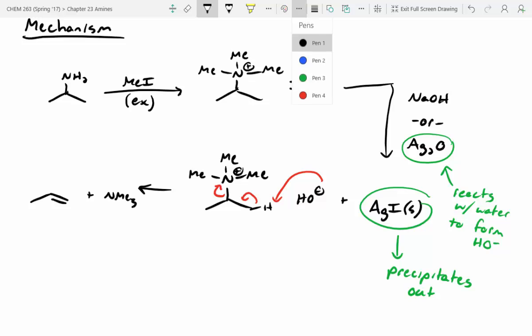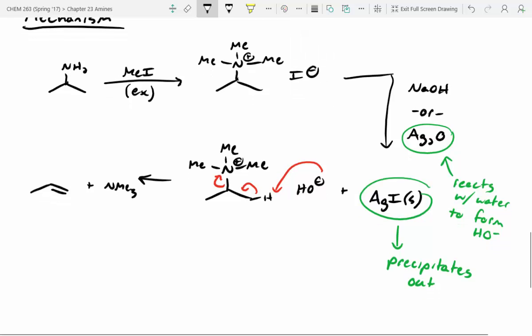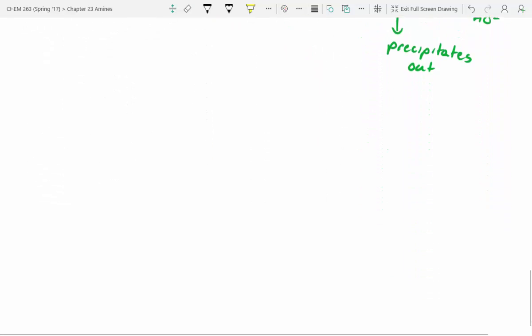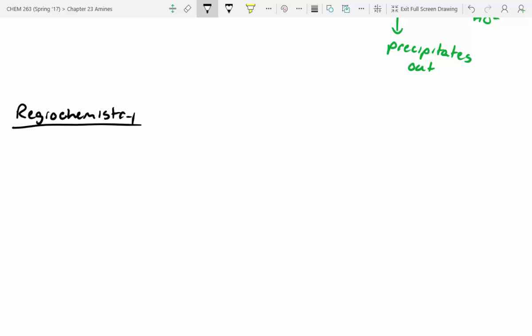All right, so now let's look at the regiochemistry and try to figure out why this is Hofmann as opposed to Zaitsev. So we've got this amine. Let's try to name it first.